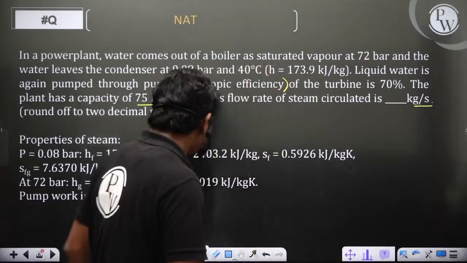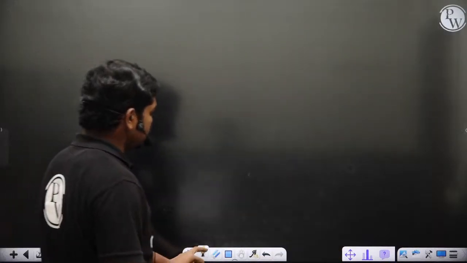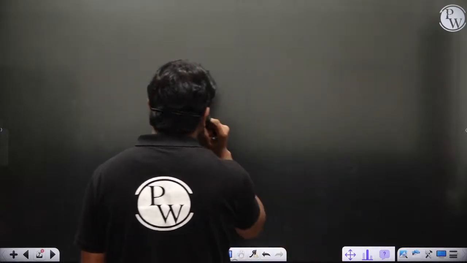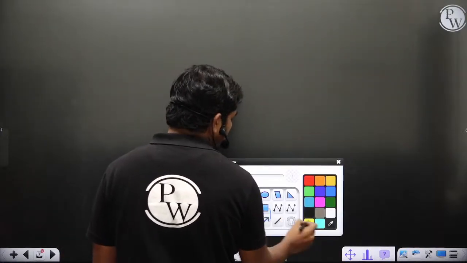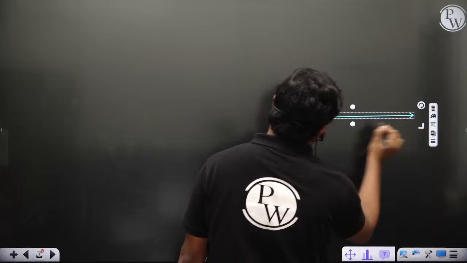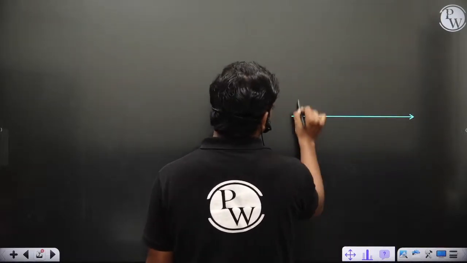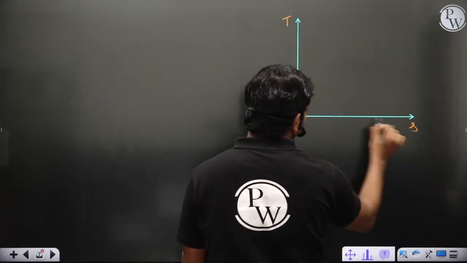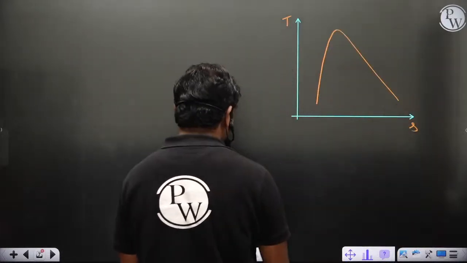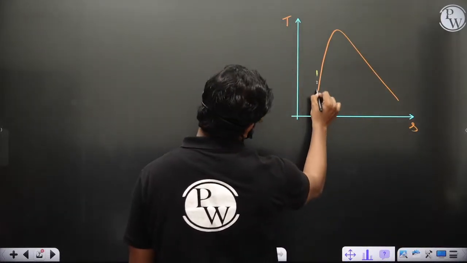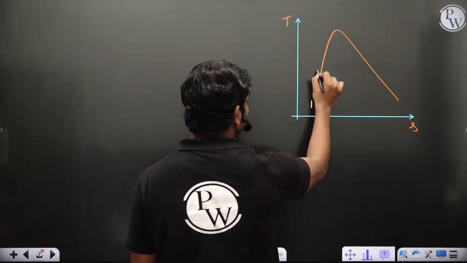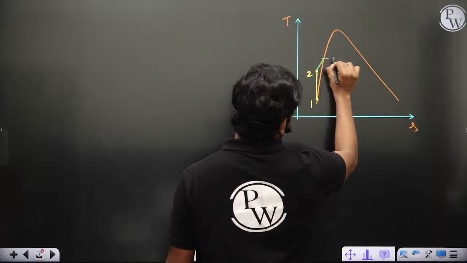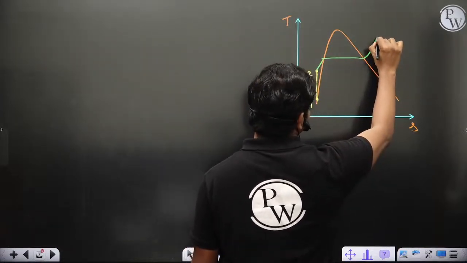So let's see how we define isentropic efficiency. If you have a pump, actually, or in general, if any curve is there, your ideal cycle has to be something like this. If this is the TS diagram, 1, 2, superheating.